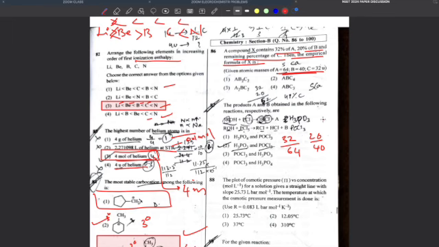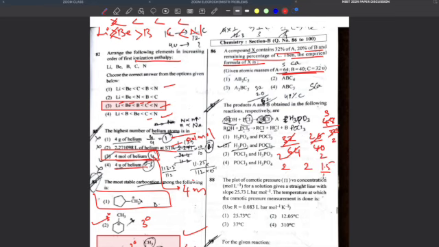For the last one, 20 plus 32 is 52, so 48% is left over. So 48 by 32. This should be 1 by 2, this should be 1 by 2. 16 twos are 32, 16 threes are 48. So we got 2, 2 and 1.5.